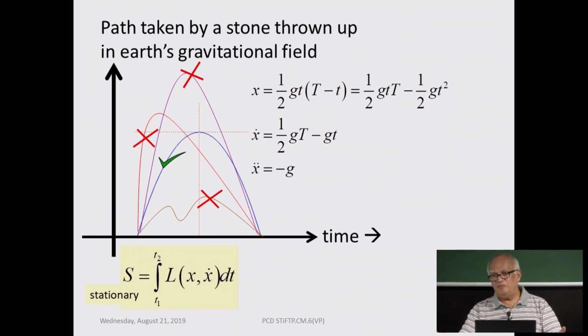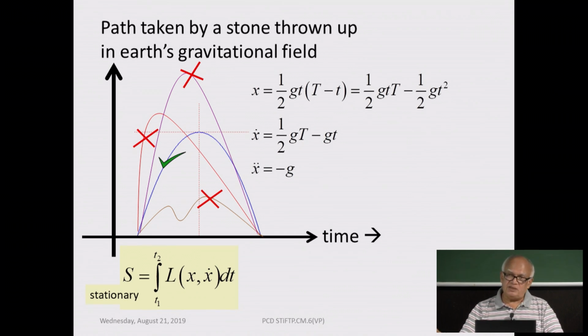And now you ask, which path will the system take? And the solution better turn out to be this, which is what we got from Newton's equation, right? And you get this path. Now, you do not have the initial velocity, but you have to get this path using some alternative principle.